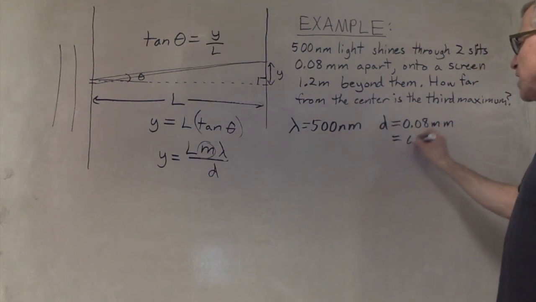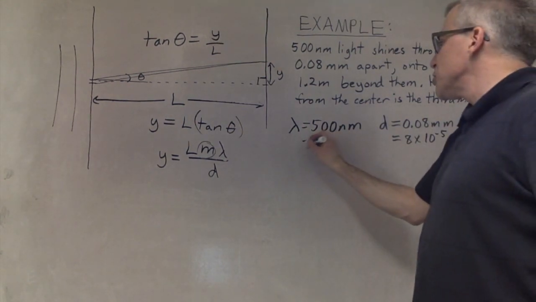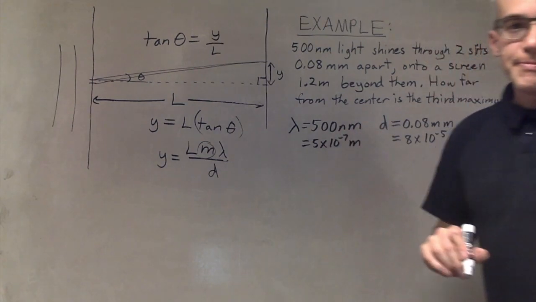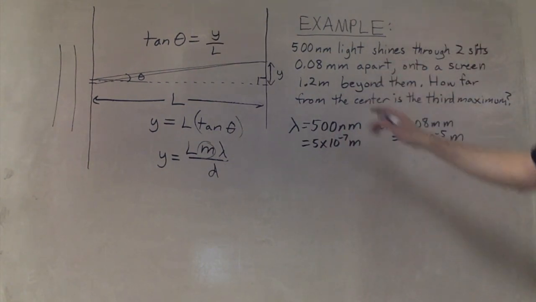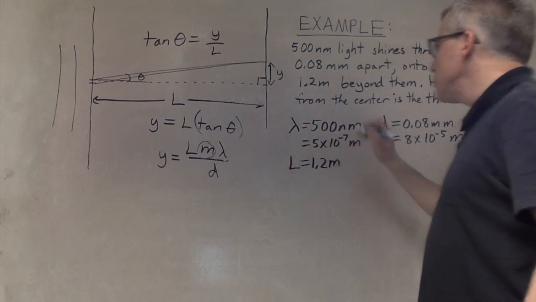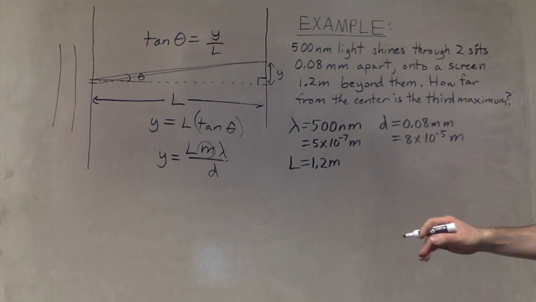We might want to think of that as 8 times 10 to the negative 5 meters. And this could be 5 times 10 to the negative 7 meters. The screen is 1.2 meters beyond, so L is 1.2 meters. How far from the center is the third maximum?